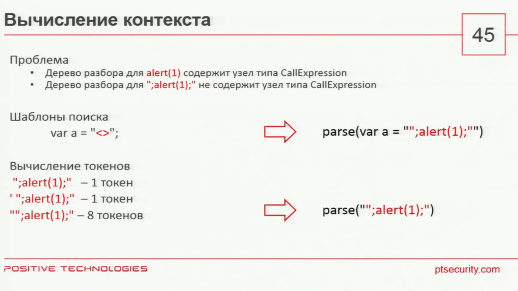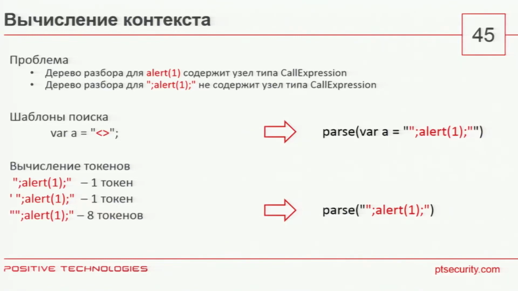So therefore, how can this problem be solved in the simplest case? A set of search templates is built. Let's say var a equals this. So we will need to substitute these strings into the string with the definition of the var variable, and do the parsing.